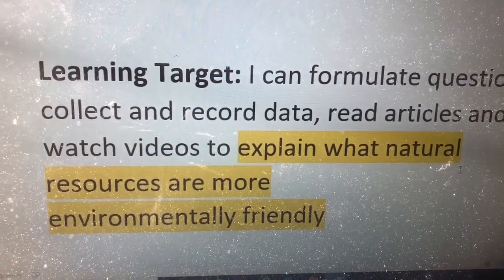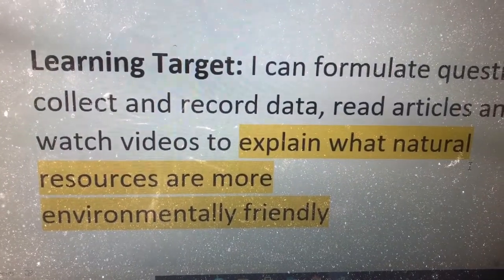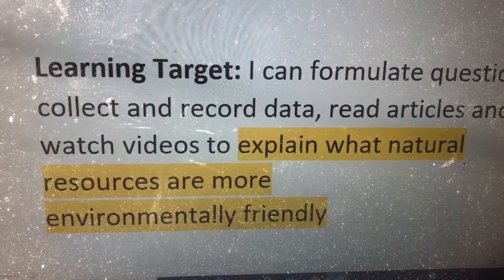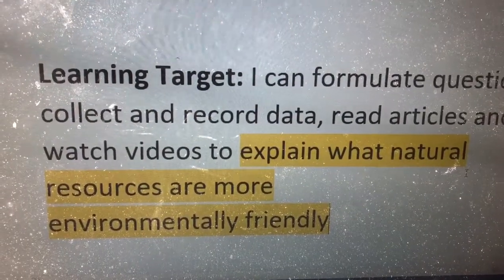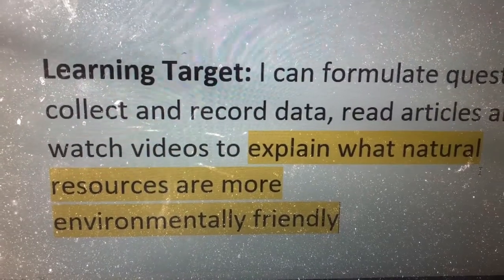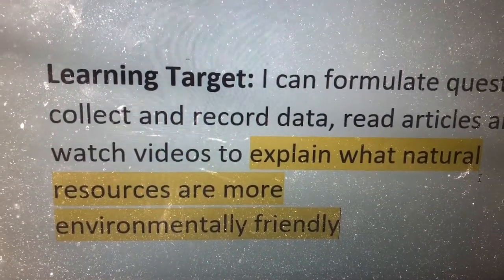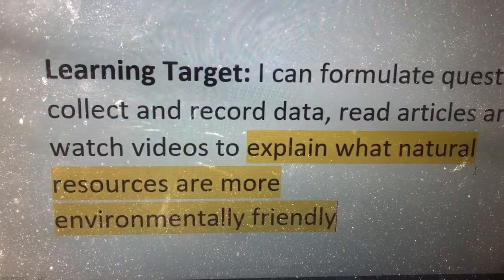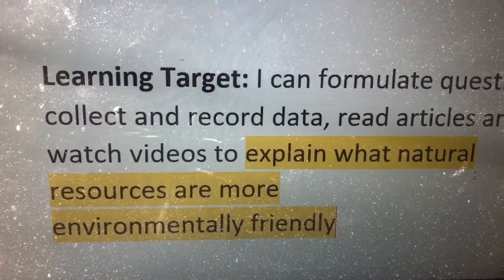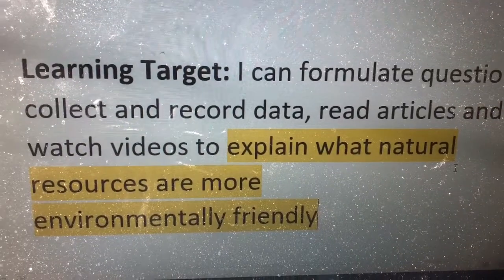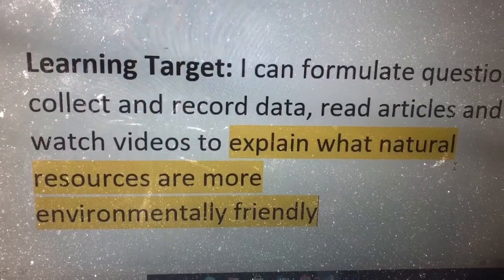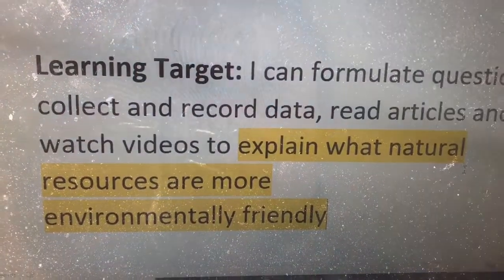We know that the more environmentally friendly are the renewable sources, like wind, solar, water, or hydro, right? Those are more friendly, but we're still not using them nearly enough. We are using the fossil fuels way more, like 90%. And we ask a question, why? That's going to have to be another lesson.